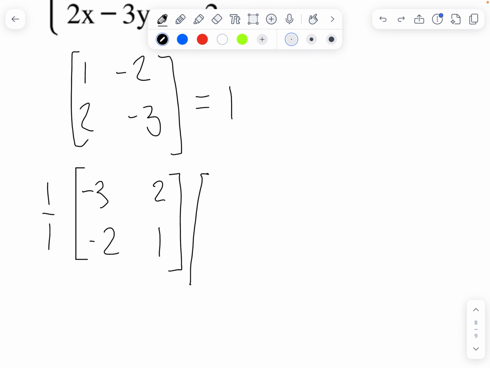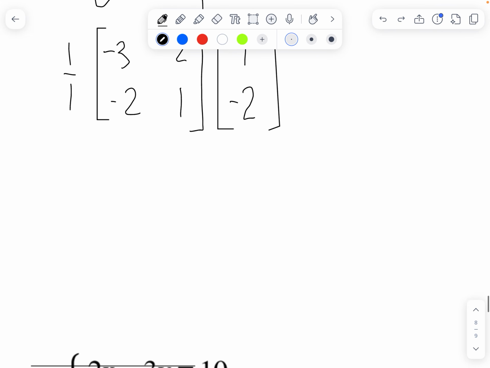And then that's multiplied by 1/2. So in the end, that would all equal -7 over -4.